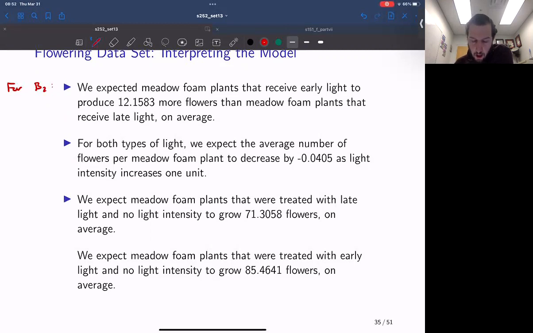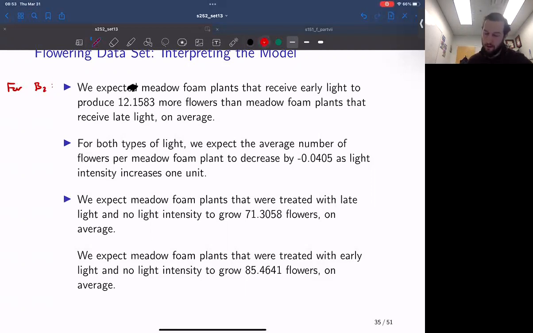So we can write, we expect meadowfoam plants that receive early light to produce 12.1583 more flowers than meadowfoam plants that receive late light. And that's true no matter what the light intensity is, because all that term is doing is shifting the intercept. No matter what light intensity value you observe, you're always going to expect 12.1583 more flowers from the early light group.